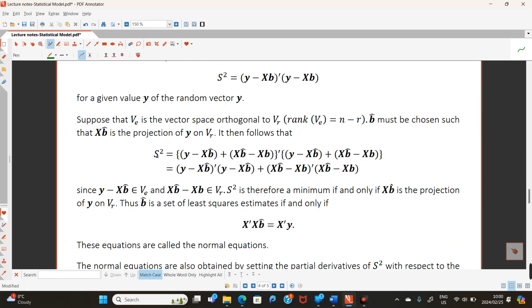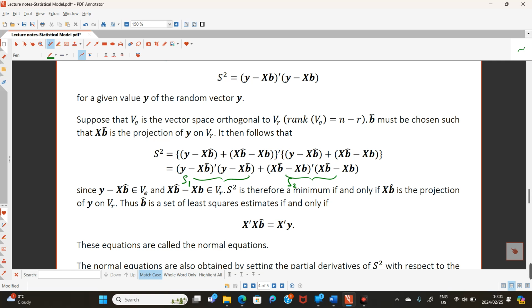Then we can write S squared as I said, S1 plus S2. So this is indeed S1, and this is S2. This we call the square of error, and this we call the square of the estimate of regression.